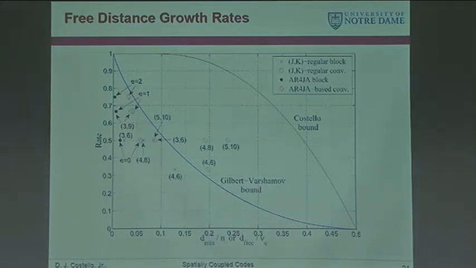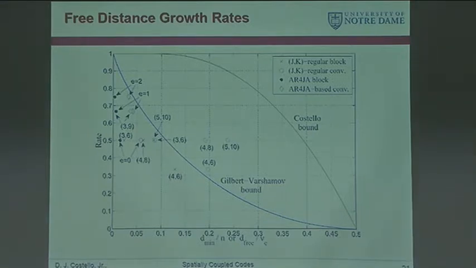And the averaging technique that we used originally, we just numerically couldn't deal with it beyond those. But using this method based on weight enumerators of protographs, we can easily get the growth rates associated with any of the J,K regular convolutional ensembles. The X's in this picture are all the corresponding block code ensembles that we showed yesterday.